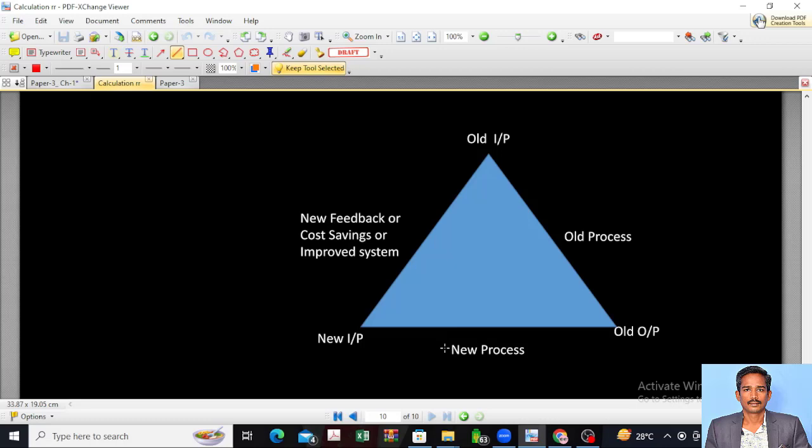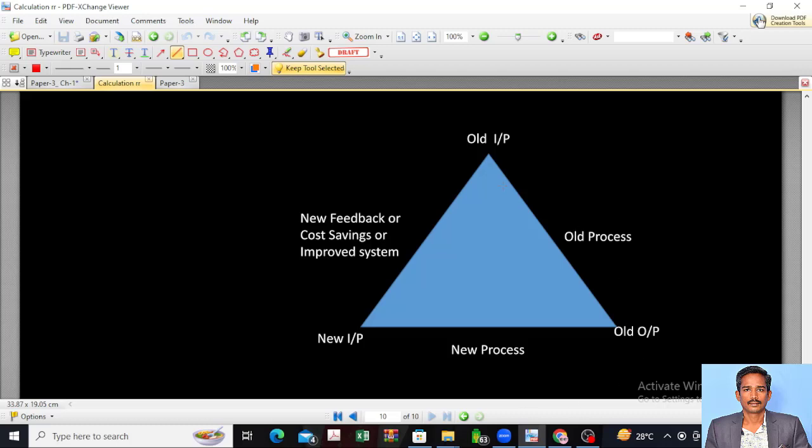We have to improve our power factor, reduce maximum demand, and add kVAR. Then you calculate the new input, the new charges, and the old charges, and subtract them, then you get the new feedback, the cost saving, the improvement in the system.